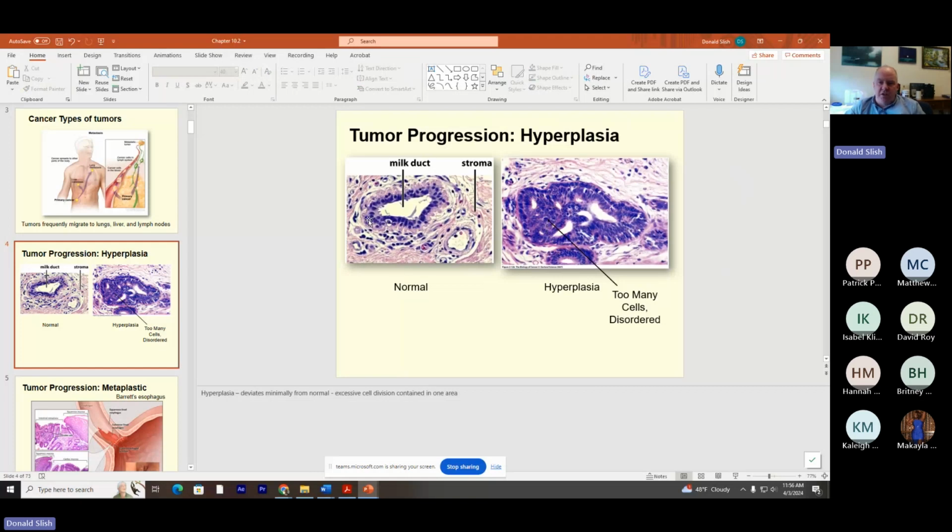So this is an early hyperplasia in the breast tissue. Here's normal. You've got a basement membrane, which you really can't see, but it goes right around here. And within that basement membrane, you've got two types of epithelial cells. You've got your glandular cells, which, I can't remember the name of them.